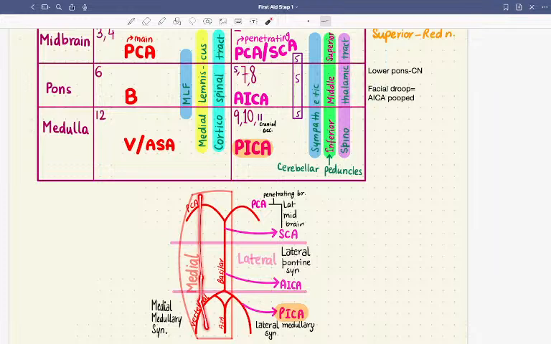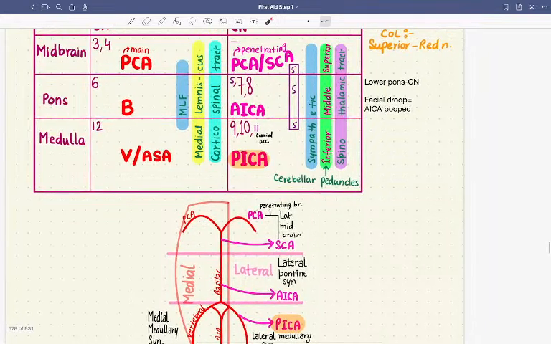I'm not talking about these branches, they are all lateral. But this particular part, the vertebral artery, basilar artery, and then the basilar artery splitting to form the posterior cerebral artery, that is PCA.